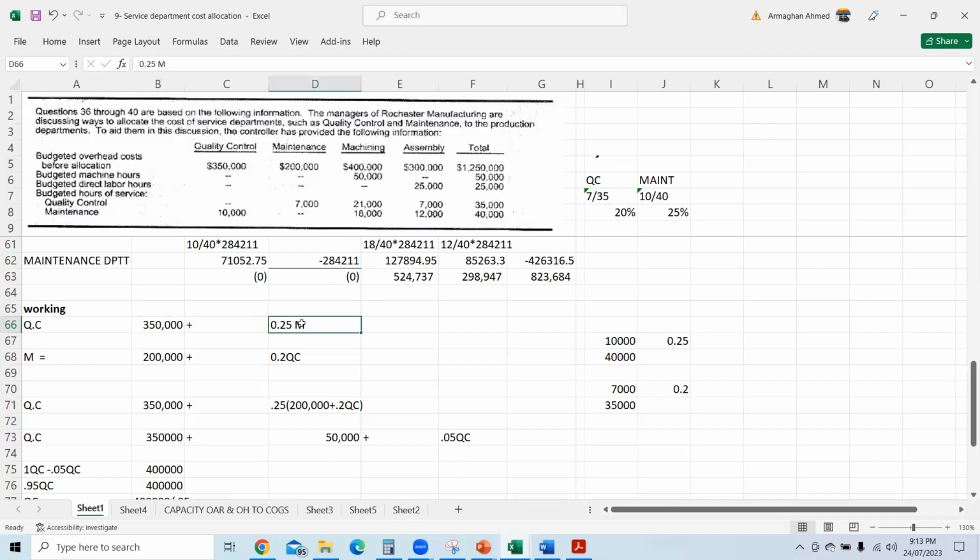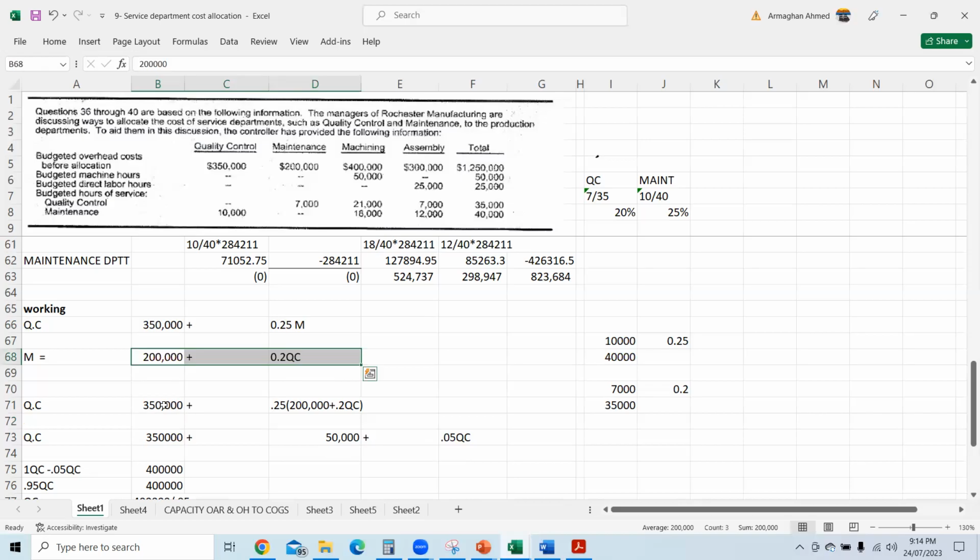So this is 0.25 M. Whereas maintenance has 200,000 as its own cost, but it will receive 7 out of 35, that is 20%, of quality control, right?